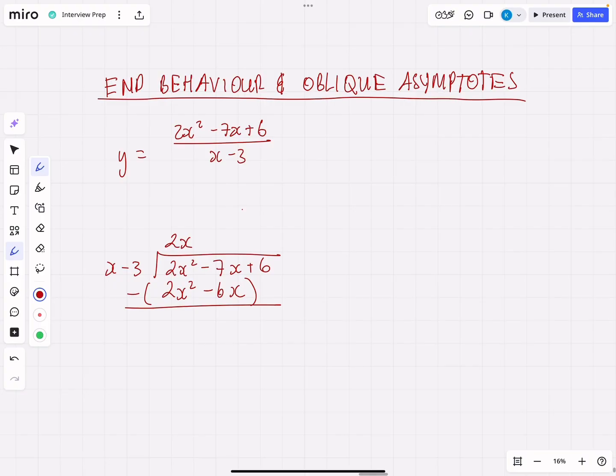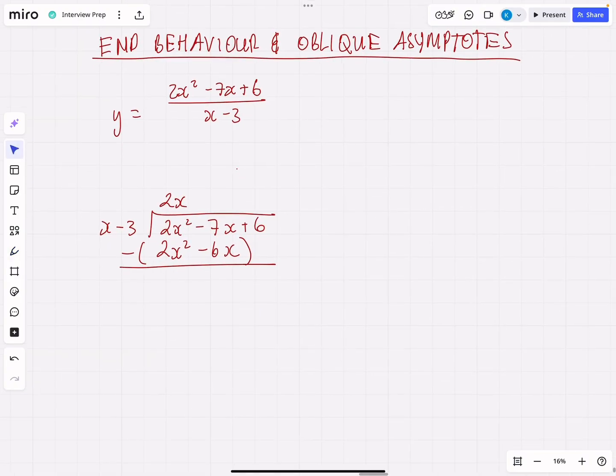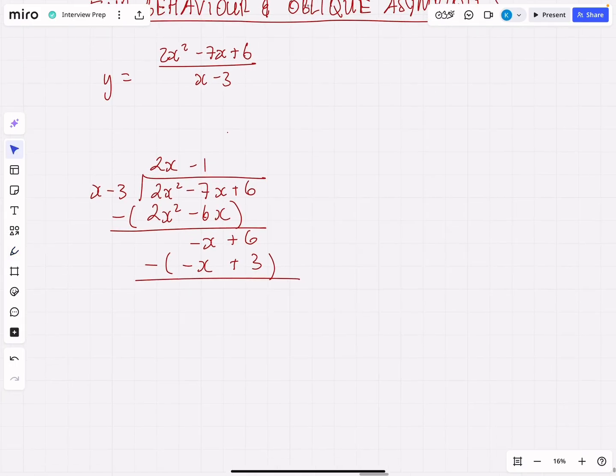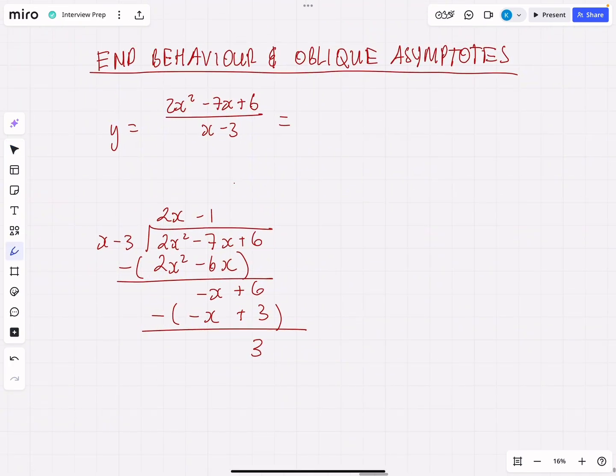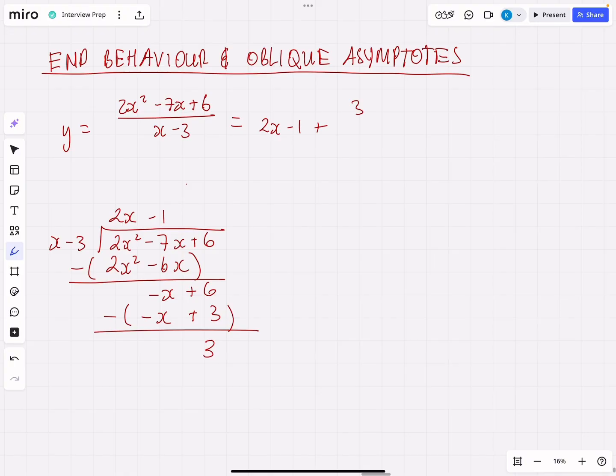Take away, I'm going to get plus 6 by minus 7x, so I get minus x plus 6. Divide, I get minus 1. Times by minus 1, I get minus x, times that, I get plus 3. Take away, I end up with 3. So this is equal to 2x minus 1 plus 3 over x minus 3.